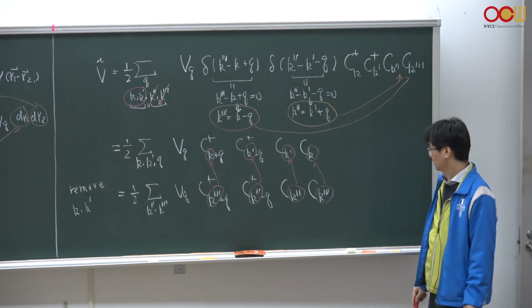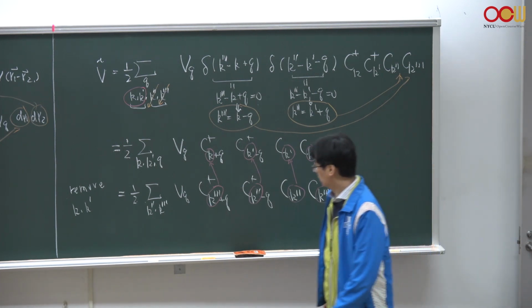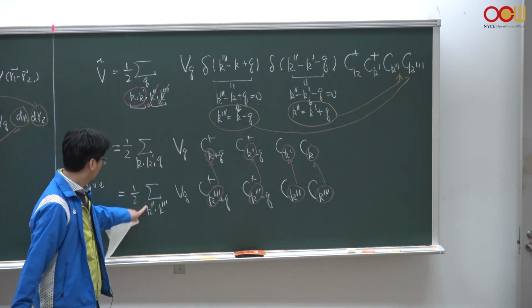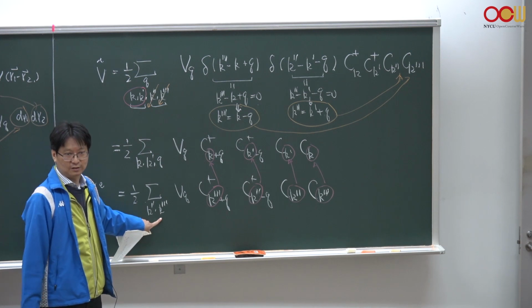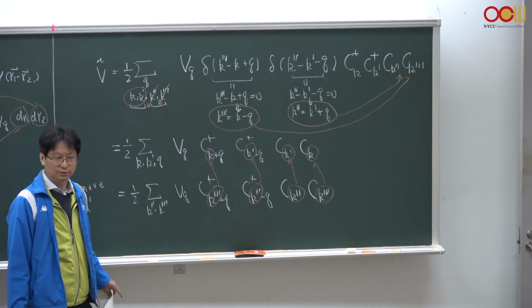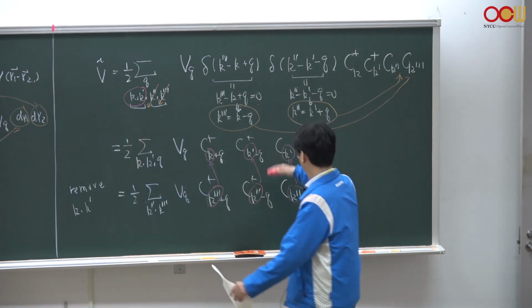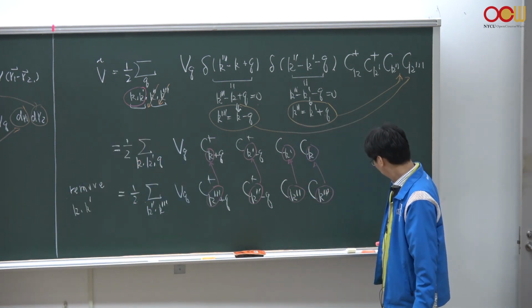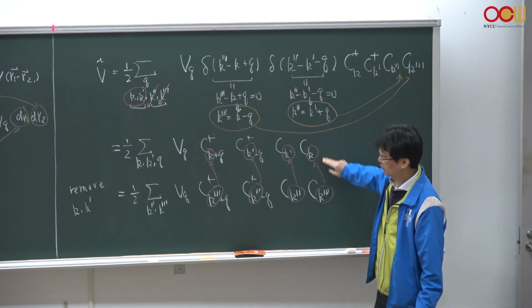So I could relabel these indices as I like. So I can call this k, k double prime, and k prime, k triple prime. Whatever the indices I call, I have a freedom to do so, right? But you need to really interchange those indices in a consistent way. And so these two expressions are identical.